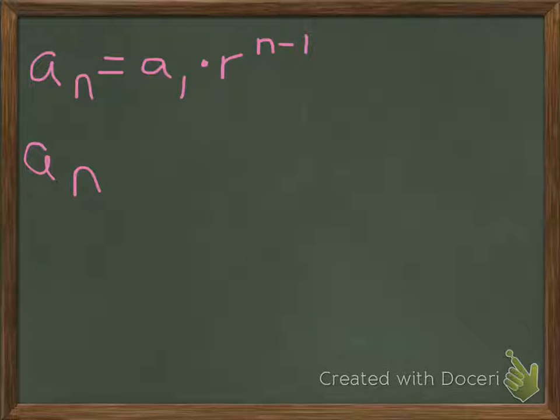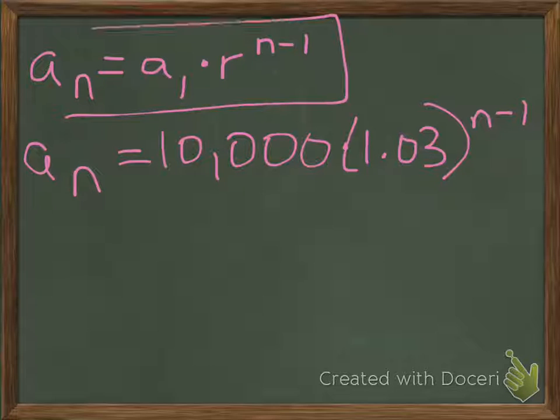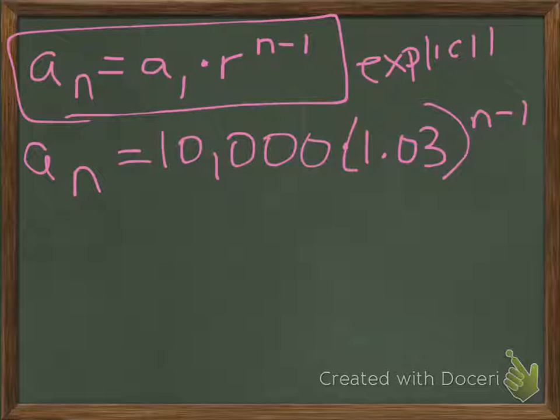So we're going to do a sub n equals the first term, a sub 1, which is 10,000, times our ratio. We can put that in parentheses, and then the n minus 1 is the exponent. And that we hadn't actually gone over, but this is the explicit formula if it's not an arithmetic sequence and it's a geometric sequence. That's the explicit formula setup.